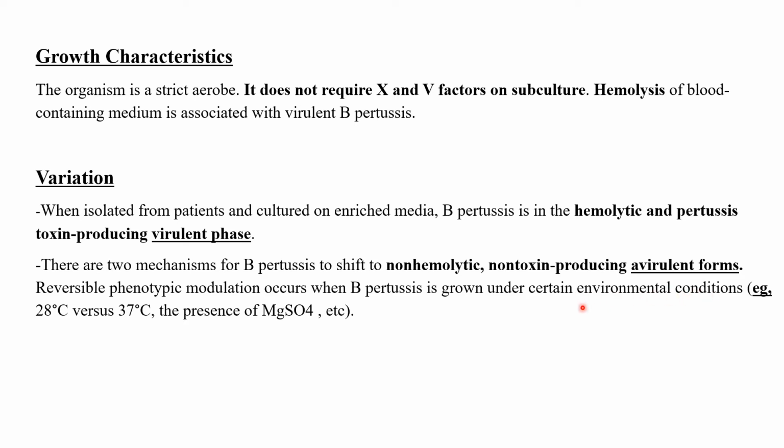What are these environmental conditions that can convert the virulence phase to the avirulence phase? It is 28 degrees centigrade versus 37 degrees centigrade in the incubator, and the presence of MgSO4. So we can convert the virulence phase of Bordetella pertussis to the avirulence phase.